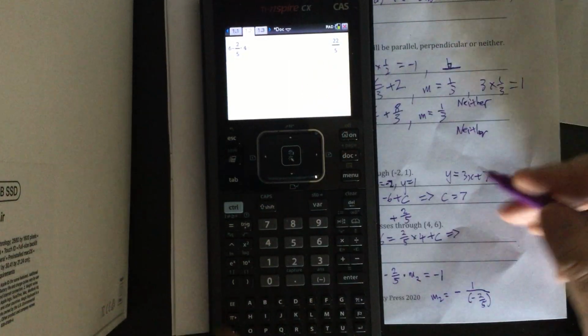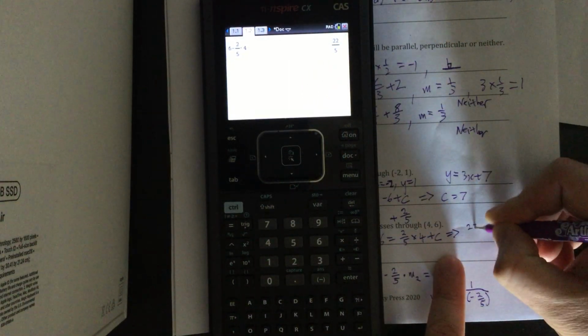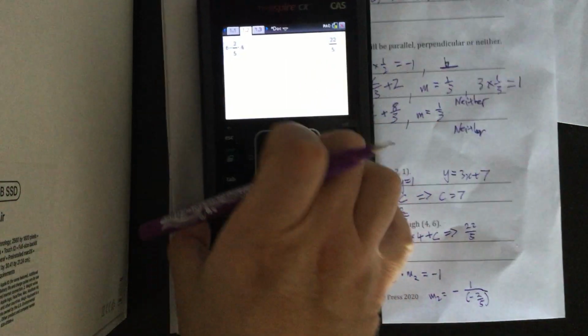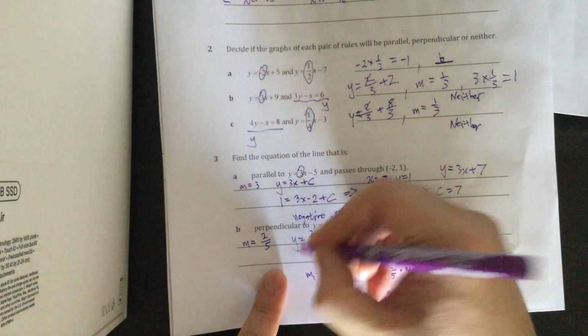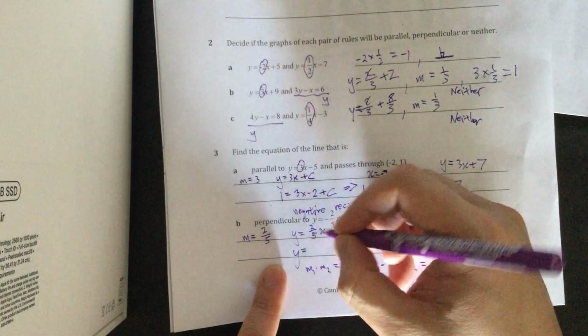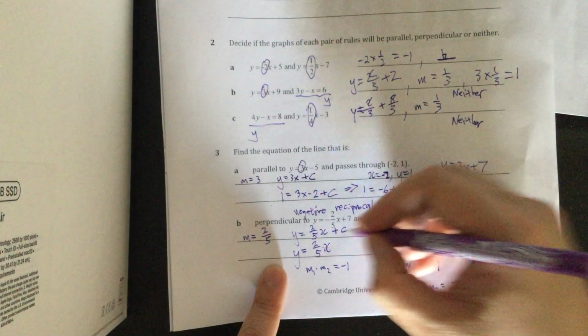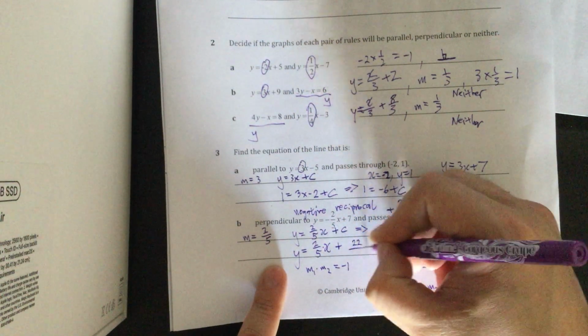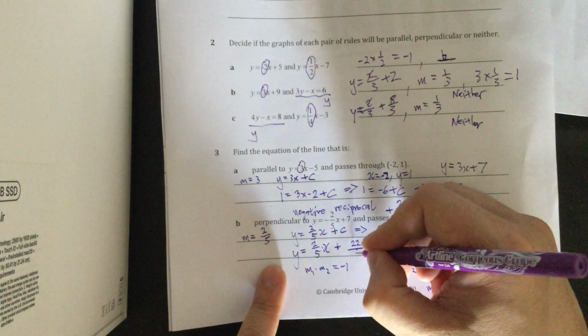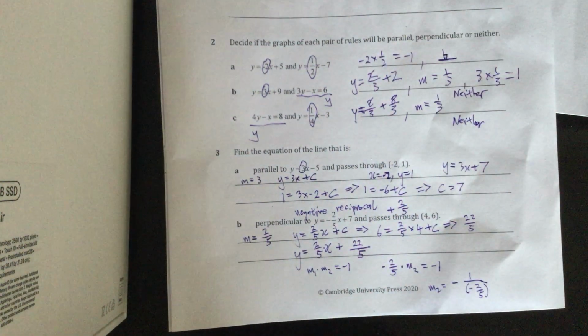Don't even bother to simplify this stuff. It's 22/5. And so your final answer would be 2/5x plus 22/5. Okay? That's it.